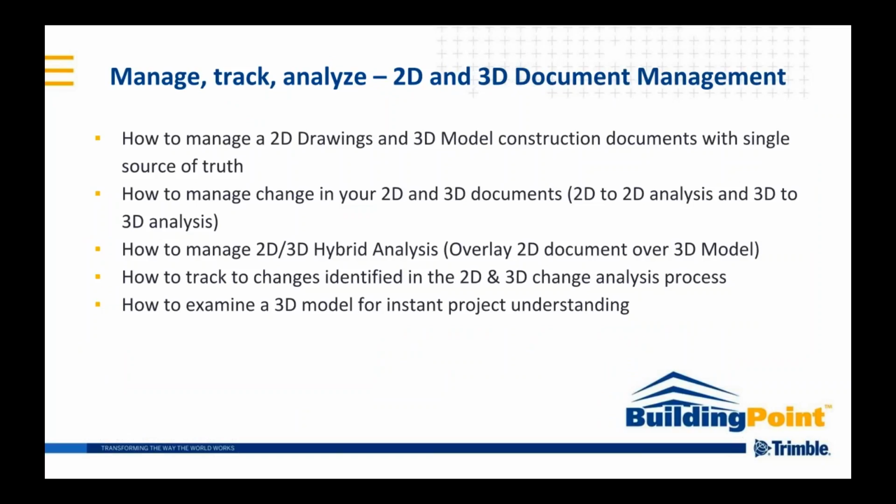It's built specifically for design managers, document managers, BIM managers, and field engineers who need to reduce project risk by locating normally missed changes earlier on in the project. Today, Gustav is going to walk us through how to compare some 2D documents, some 3D models, as well as look at Document Controller's hybrid mode of comparing 2D to 3D.